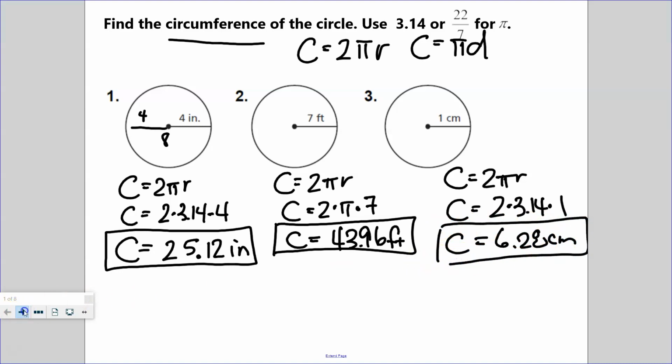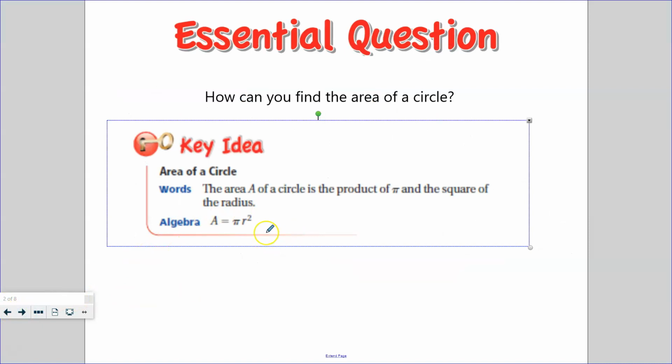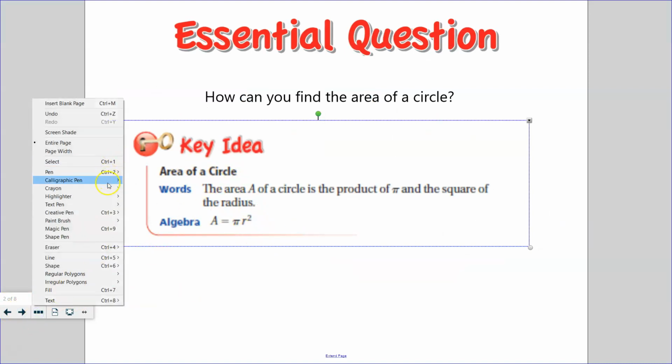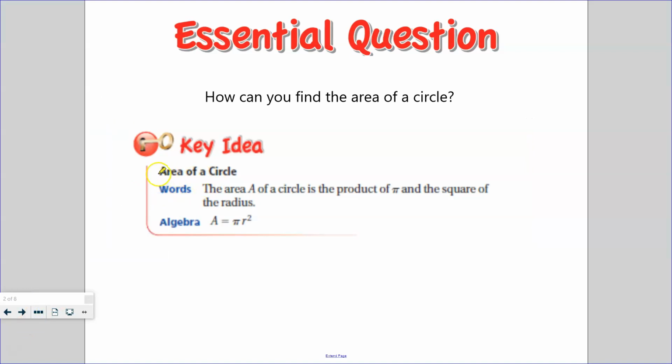All right, so we are looking at the idea of the area of the circle. Okay, so what we're looking at is the area of the circle, and there's a formula for us. Area equals pi times r squared. Okay, so make sure you use order of operations here because of PEMDAS, right?